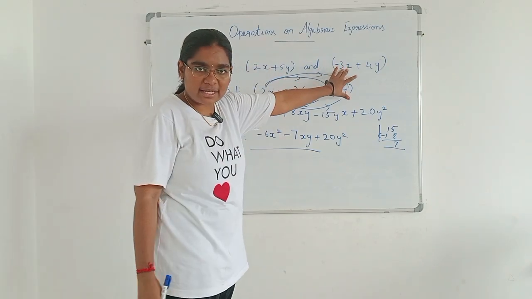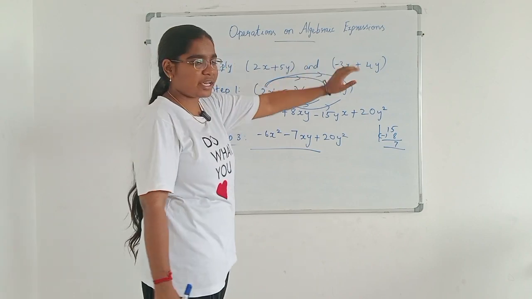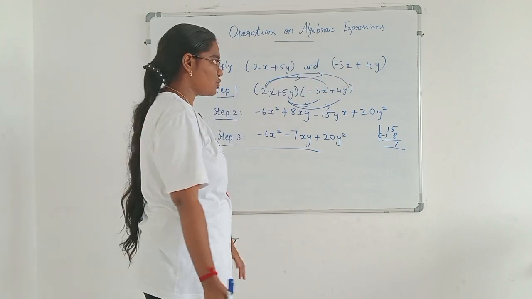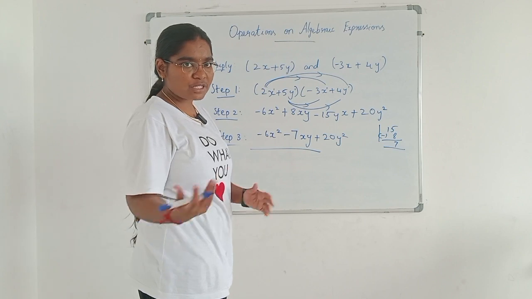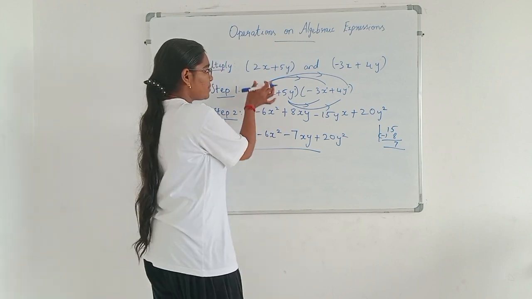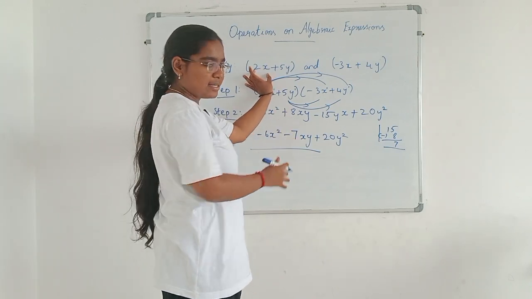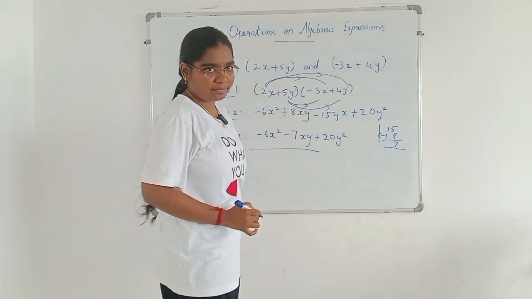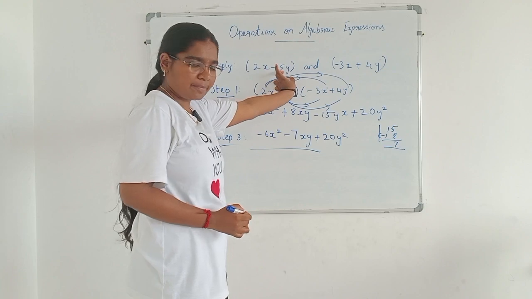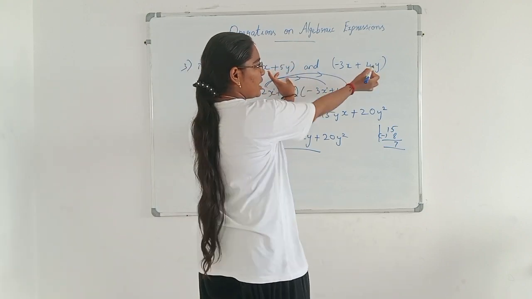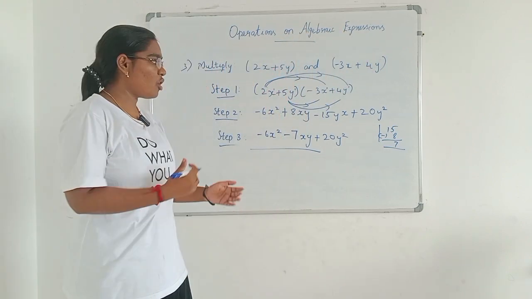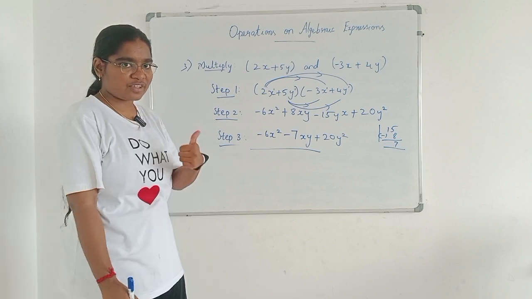So here two binomials are given and we are doing multiplication of those two binomials. So while approaching these kind of problems, first step is first consider this term. Okay, multiply this term with each of these two terms. Next, consider this term. Multiply this term with each of these two terms, followed by those three rules.